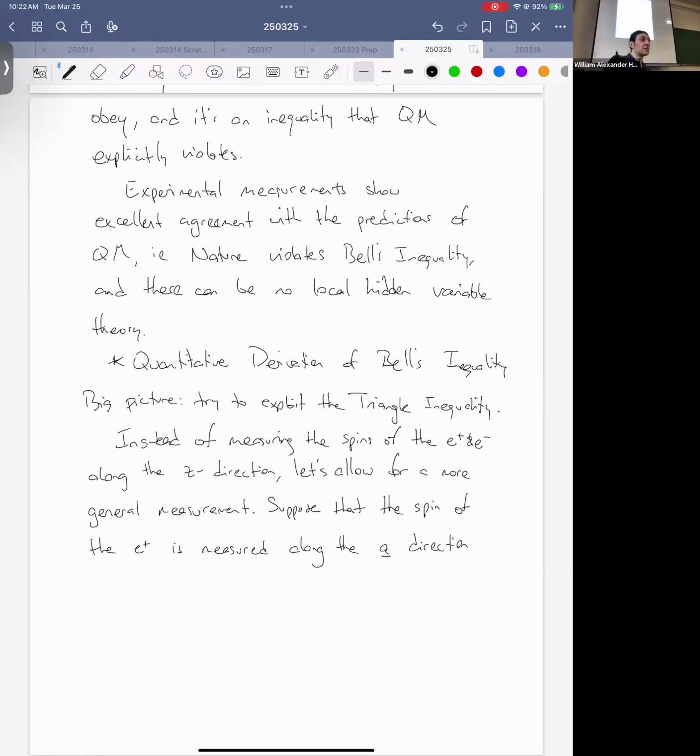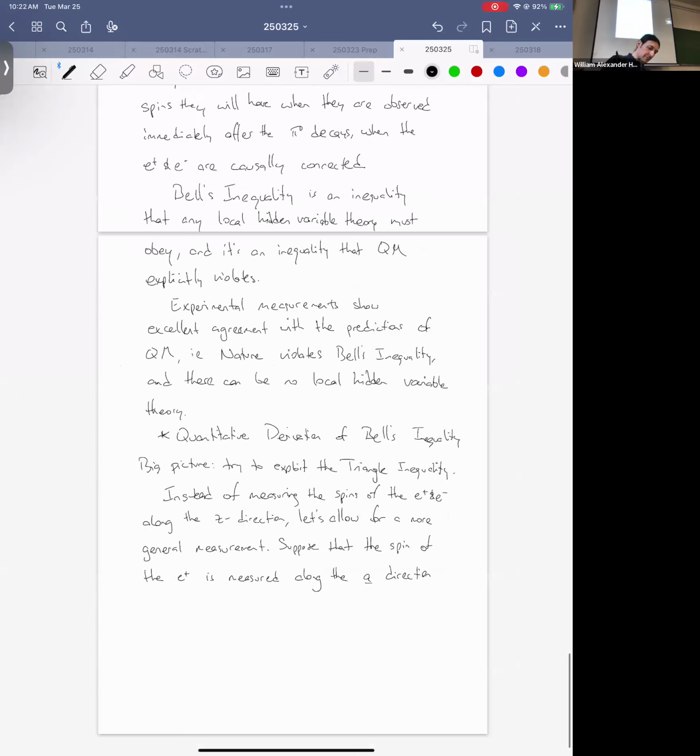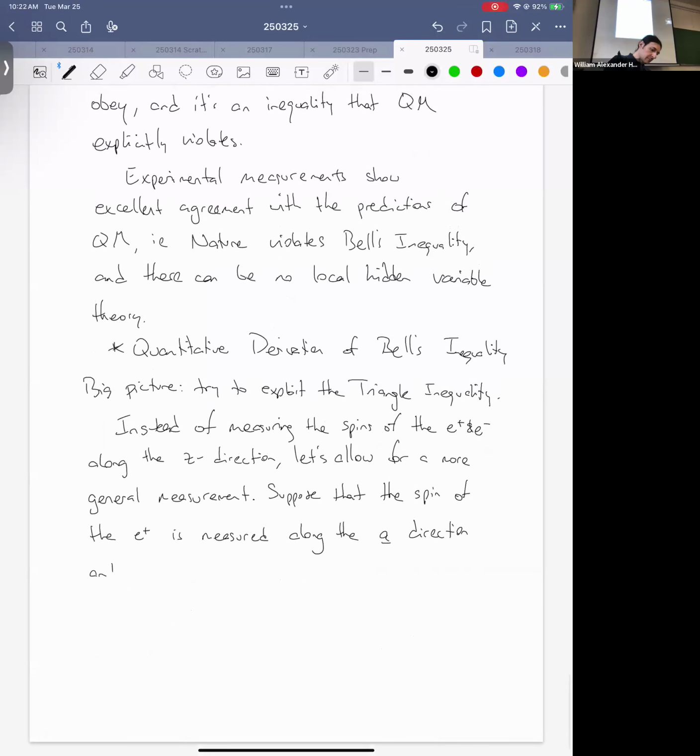I have an underscore that I'm using instead of the over arrow. I must have had a reason for doing that at the time. I'm tempted to give it an over arrow, but I suspect that if I were to do that, I'm going to run into some issue later, and I don't want to mess that up. Okay, so measured in some direction, A vector, and the spin of the E minus measured along the B vector direction.